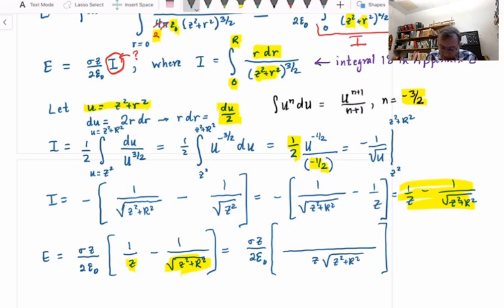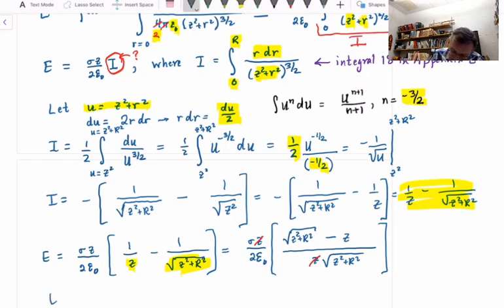Well, first term has to be multiplied upstairs and downstairs by a factor of square root of z squared plus r squared. Then minus. And the second term numerator has to be multiplied by z. Now, when I do that, notice there's a z out front upstairs and a z inside downstairs, so that cancels.